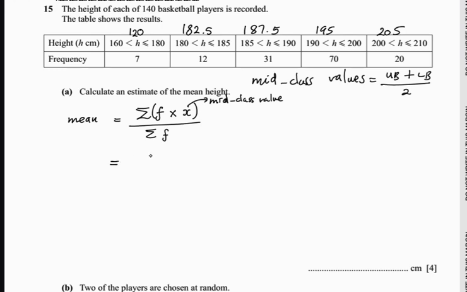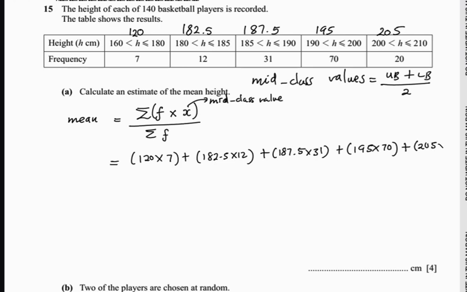So this is equal to 120 times 7 plus 182.5 times 12 plus 187.5 times 31 plus 195 times 70 plus 205 times 20. Then all this has to be divided by 140, since we're told we have 140 there.